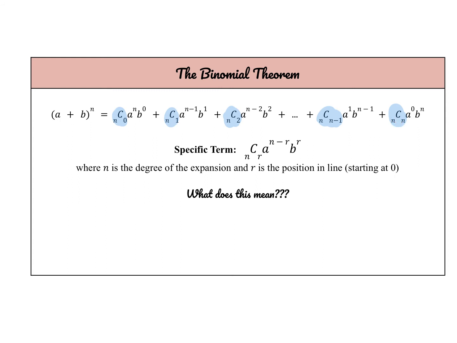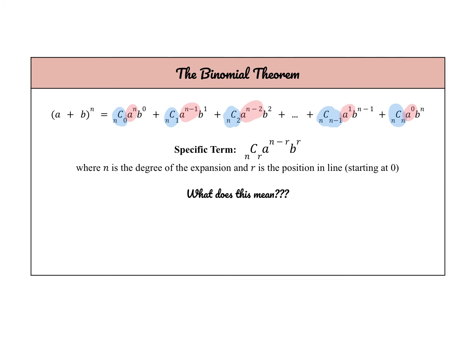The next thing you'll see is that we have our powers of a, which is the first part of our binomial. So here we have a to the n, a to the n minus 1, a to the n minus 2, and then it continues on for however long it needs to, and then eventually we end up with a to the power of 1, and then a to the power of 0.